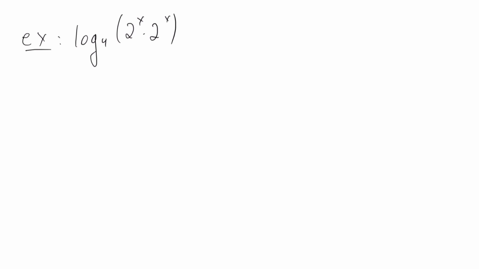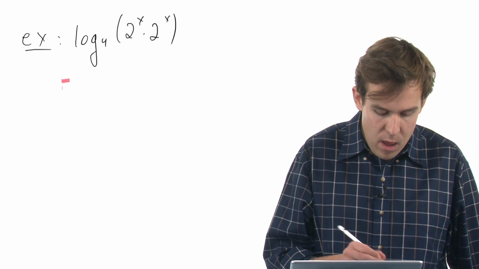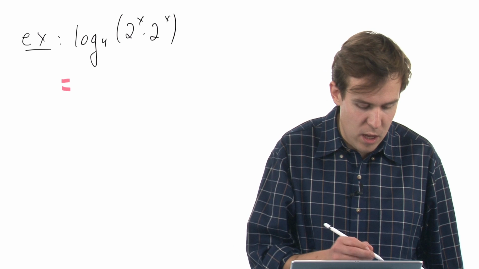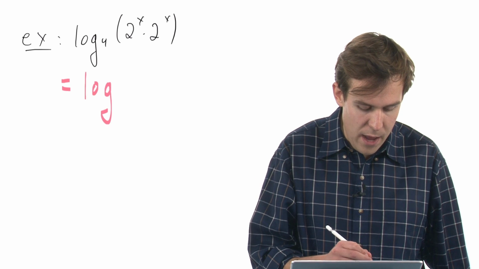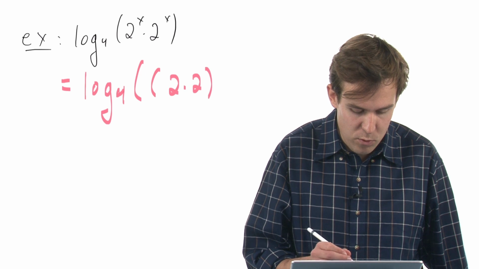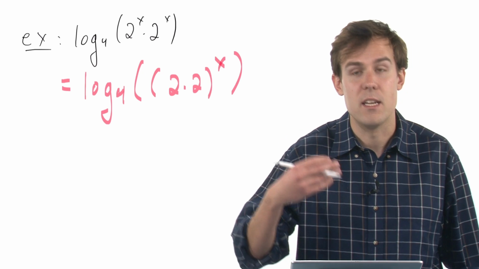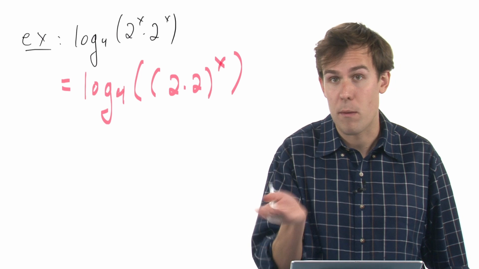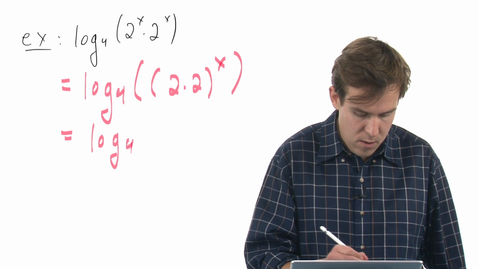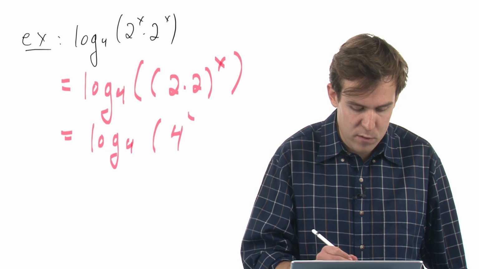So here's another nice example. There are many ways to proceed here. I think the nicest one is to use our exponential rule first and say that this is 2 times 2 to the x, right? It's the same exponent, different bases, so I multiply the bases. 2 times 2 is 4.